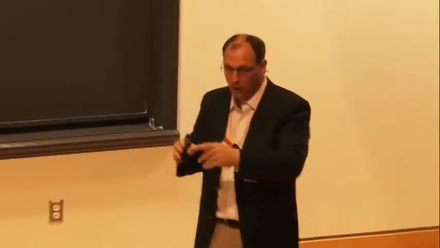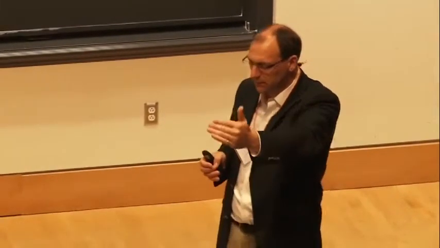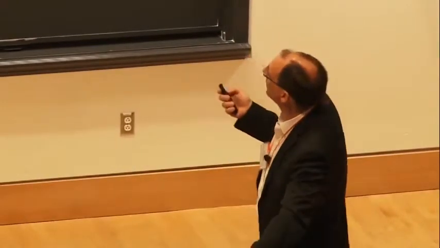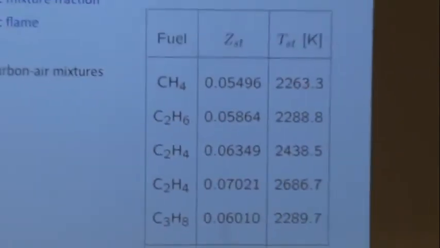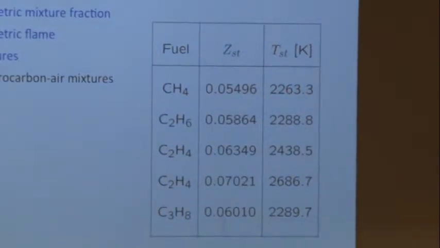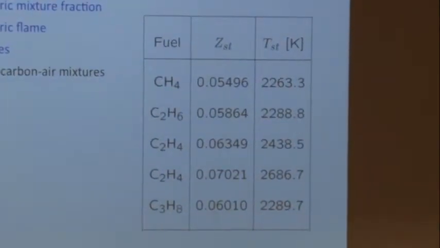So you see, we assumed that, and that was a comment we had earlier. In reality, you don't have complete conversion. You will never convert everything to CO2 and water. You will just go to equilibrium. What the equilibrium concentration is depends on the conditions, but you see it's quite close to the complete conversion here. You wouldn't make a 40 Kelvin difference. You have to keep this in mind, but it is not so bad.